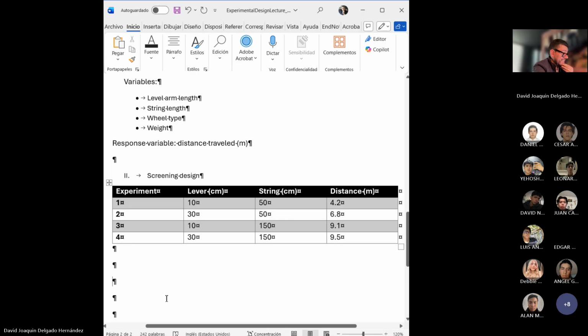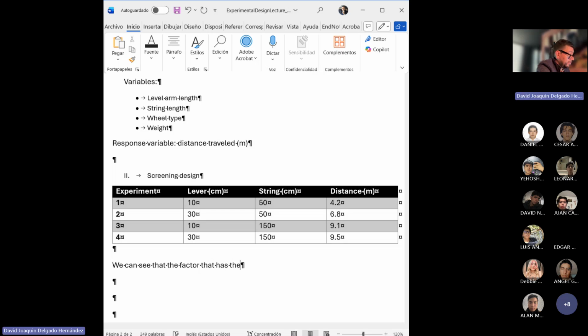So what we can see is the factor that has the strongest effect on the traveled distance is, as you already mentioned, the lever arm length.